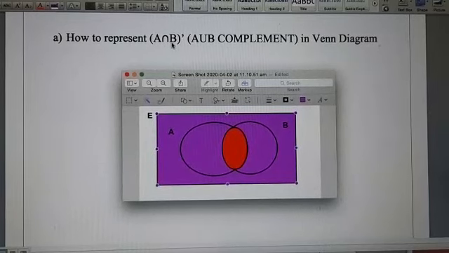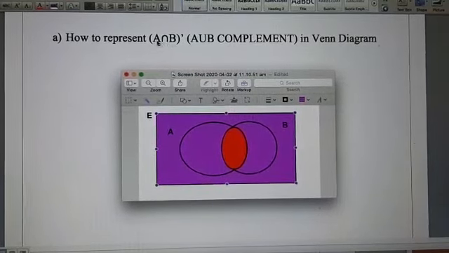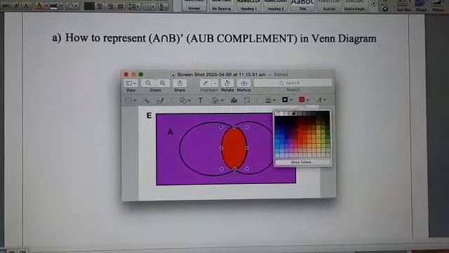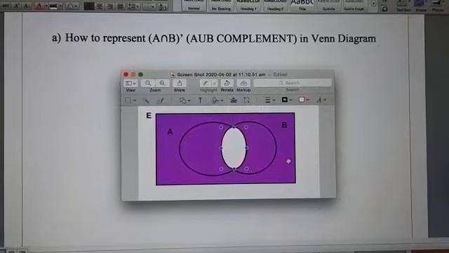B. Now from here we can conclude that whenever you are going to take the complement of any set or any combination of sets, you are not supposed to shade that thing. Suppose A intersection B complement means you are not supposed to shade A intersection B. So I am going to unshade A intersection B because I am going to take the complement.